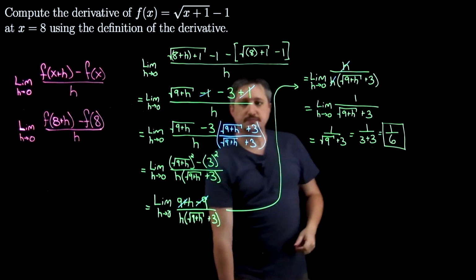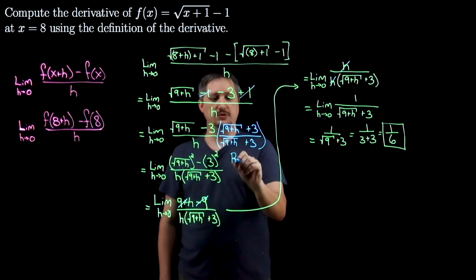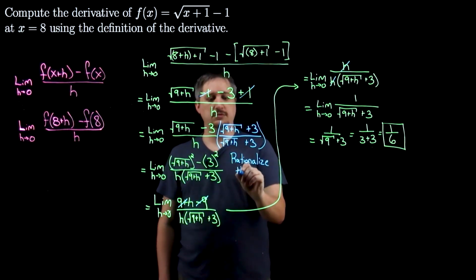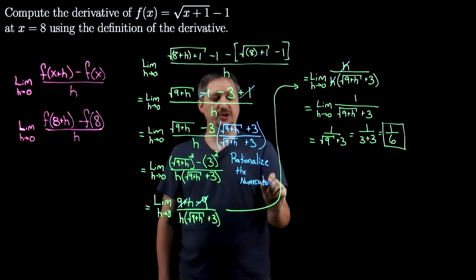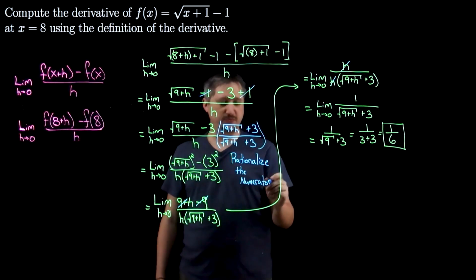And just to be clear, this step here, this is called rationalize the numerator. Which again, you see this numerator. Honestly, this is why I'm not an English major, people.